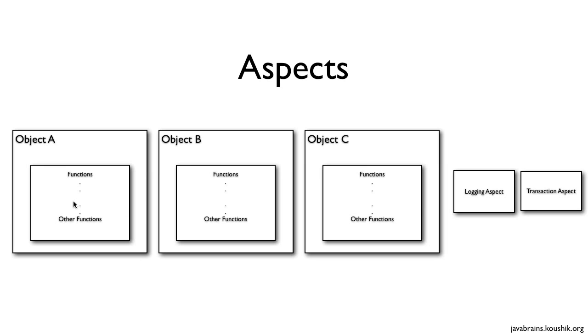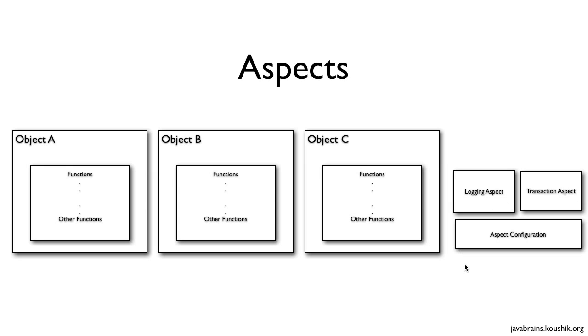Say you want to have some methods in object A, B, and C to use the logging aspect and the transaction aspect. If it were an ordinary class, you would have to instantiate an object of the class and then call the methods. You wouldn't do that for aspects. What you would do instead is define a configuration, the aspect configuration, which tells which objects and which methods these aspects should apply to.